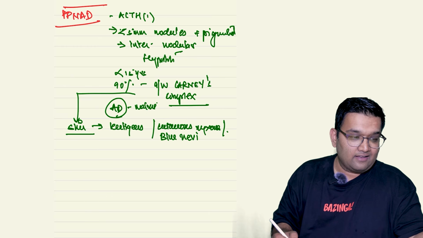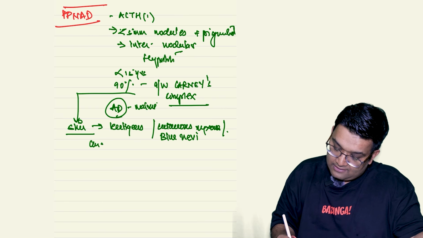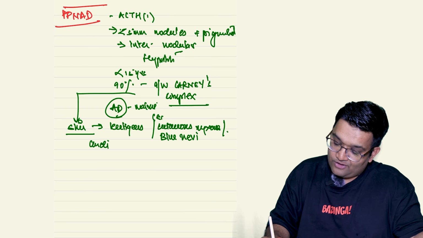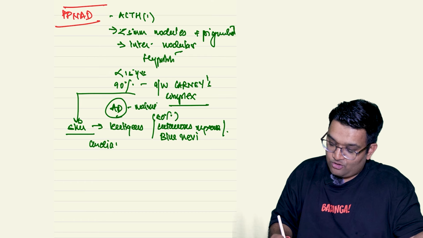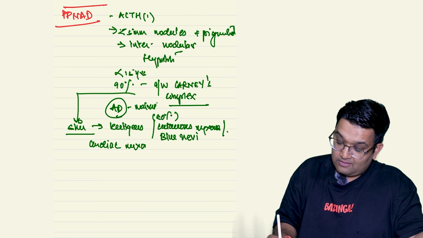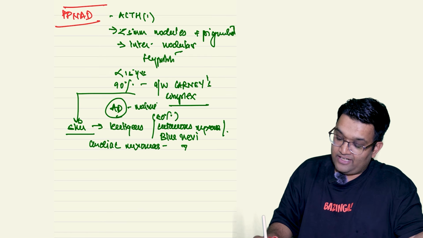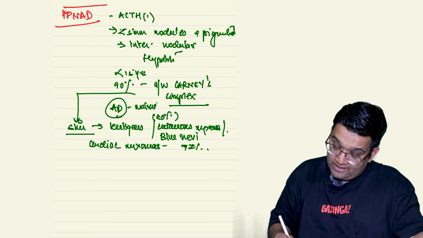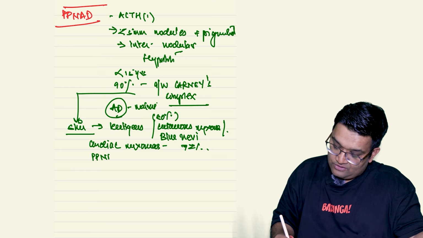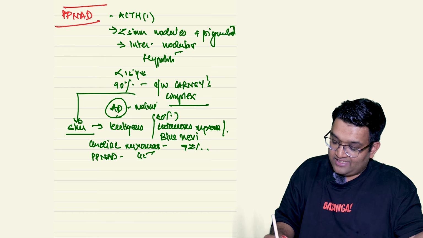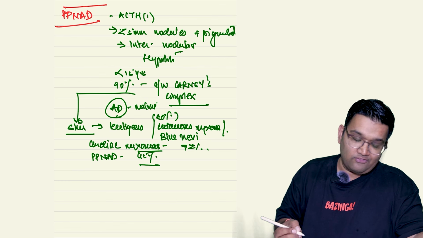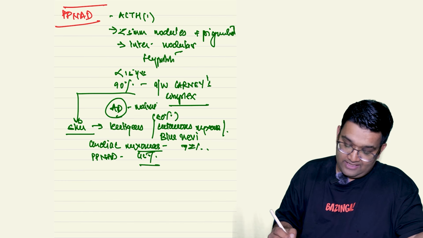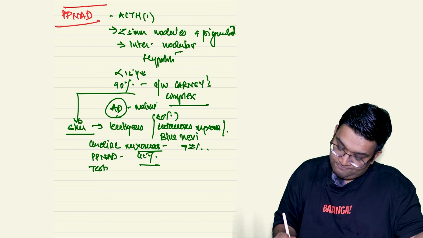This is very classical. Then cardiac myxomas, which occur in 72% of the cases, while PPNAD is going to be seen in 45% of all cases of Carney's. Then there can be testicular tumors.